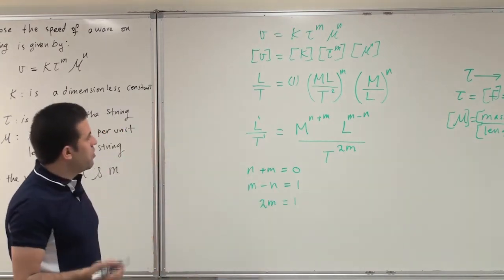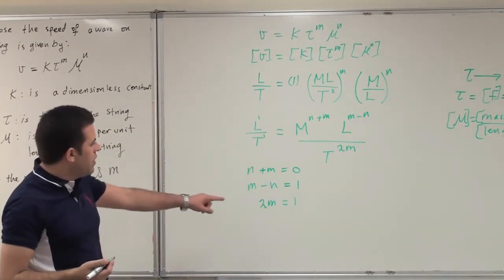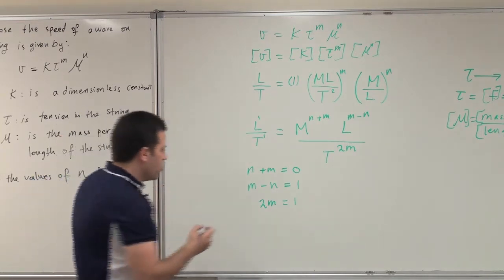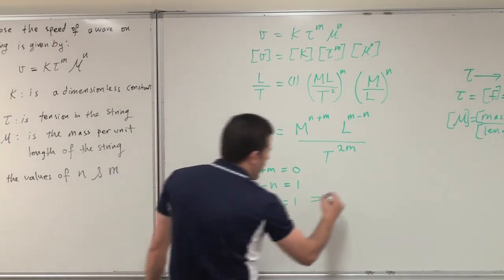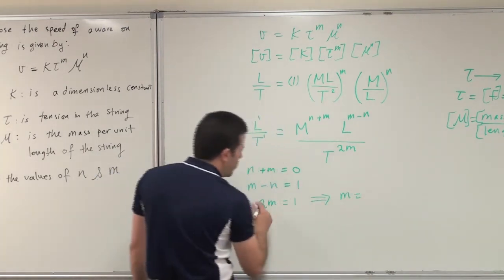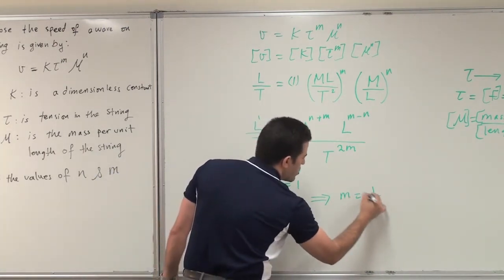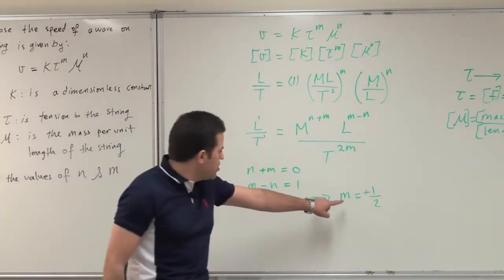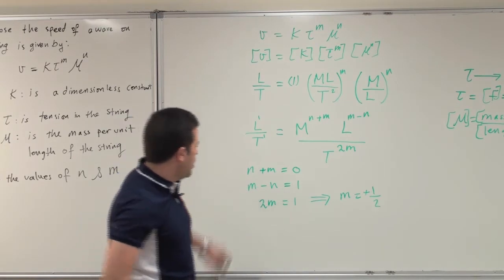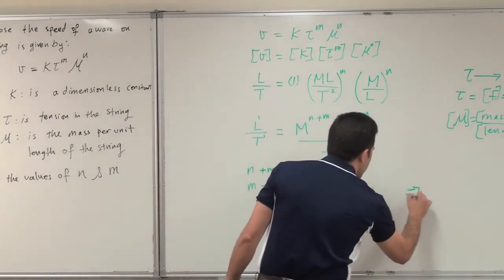If you recall the question again, we need to find the values of m and n. So the easy answer will be to get m. So m, I can divide 1 by 2. So m equals positive half. And then I can substitute this m into this equation, and then I can get n.